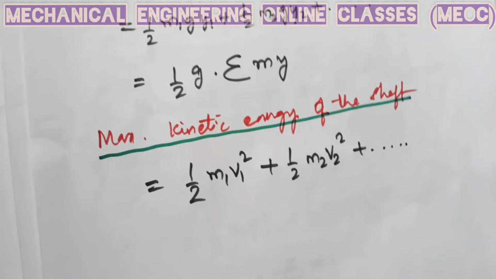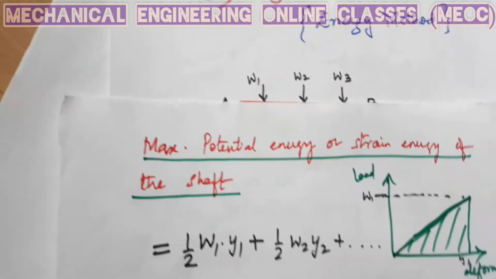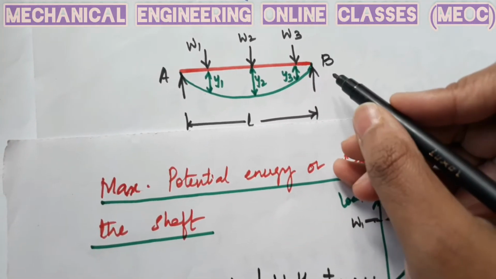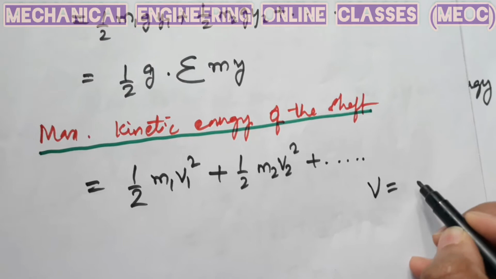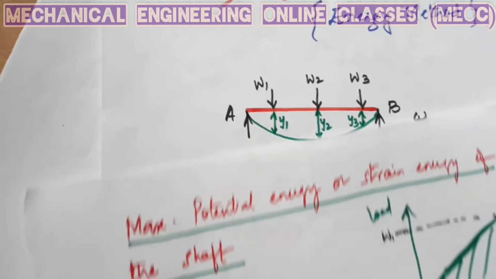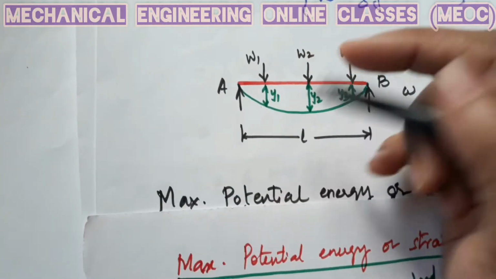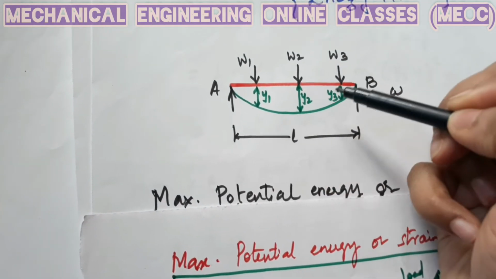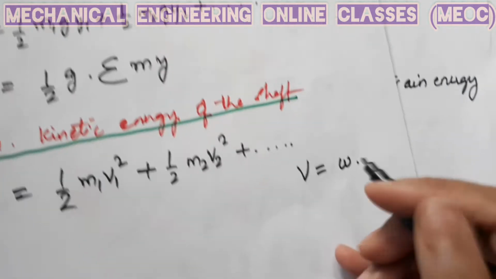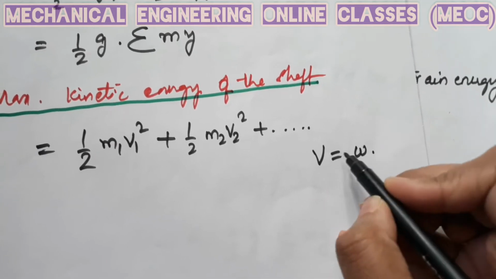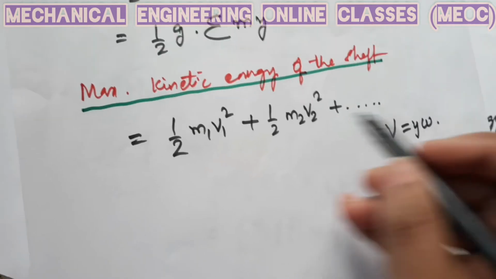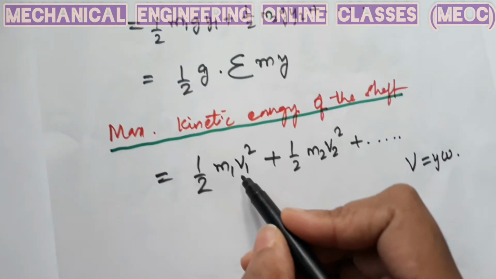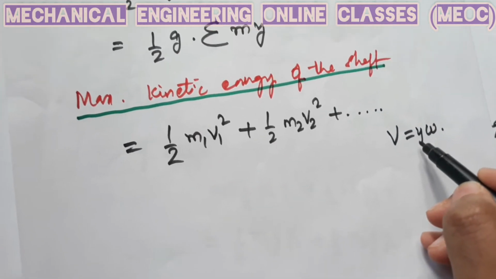But this v is a linear velocity, and if the angular velocity of the shaft is omega, then we know that v is nothing but r into omega. Here r is the deflection, this y is the r. So the general term of v can be written as y omega. For the first point load it will be Y1 omega.